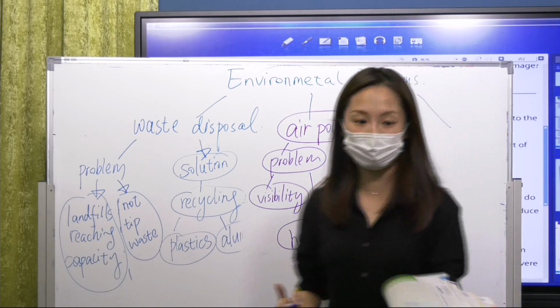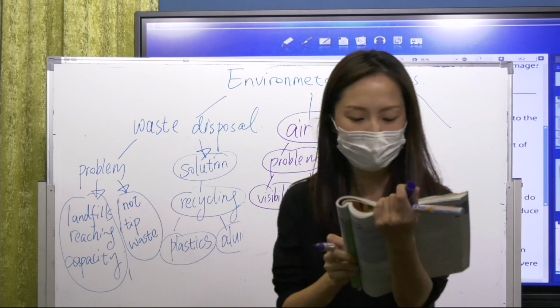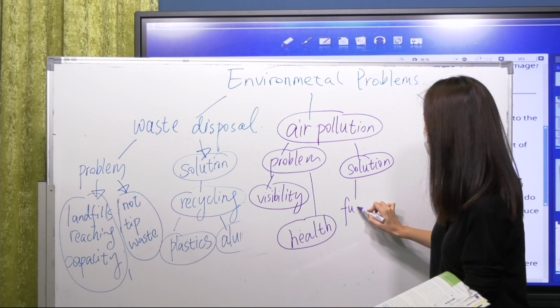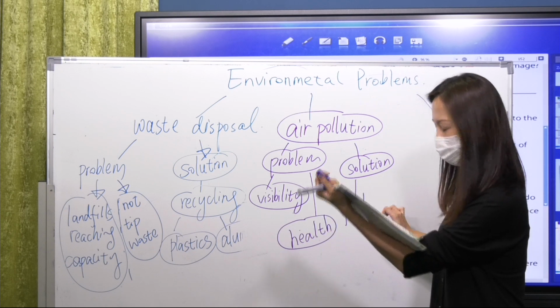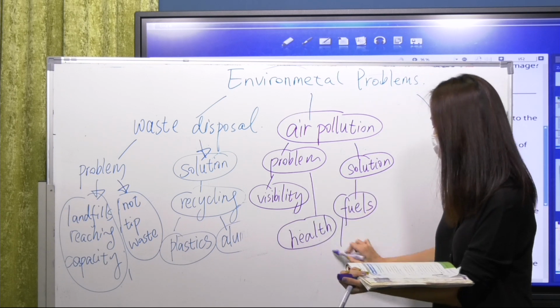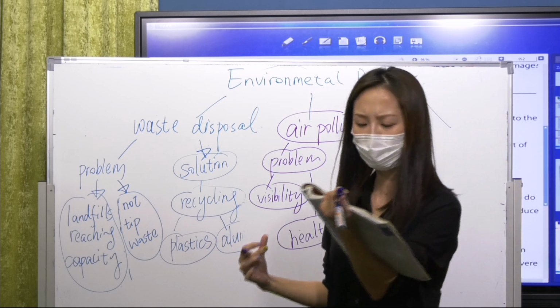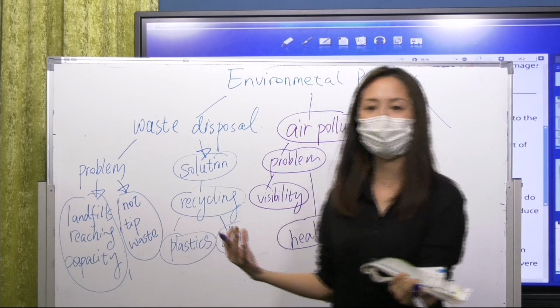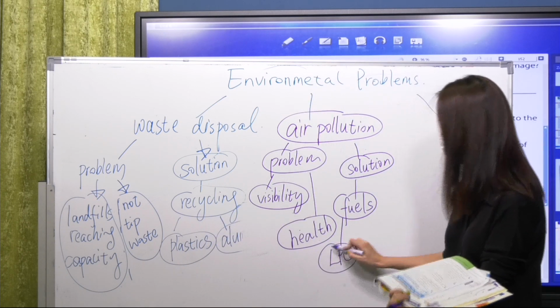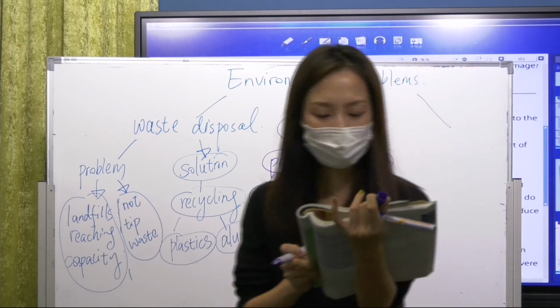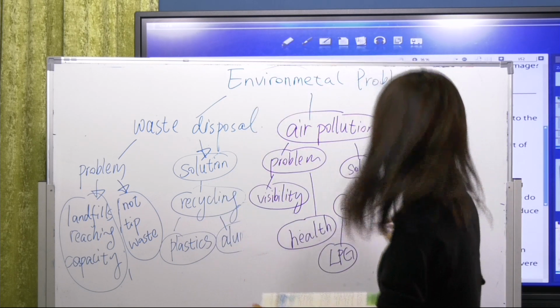How to solve this problem? So let's read, okay? Use cleaner fuels. 更加乾淨嘅能源啊 such as LPG, liquefied petroleum gas, okay? 液化嘅一種氣體啊，我唔識 okay? And then we can also take public transport.